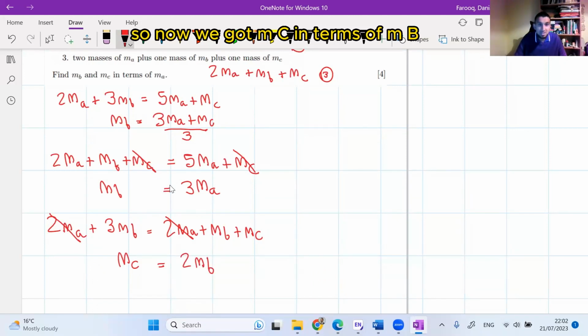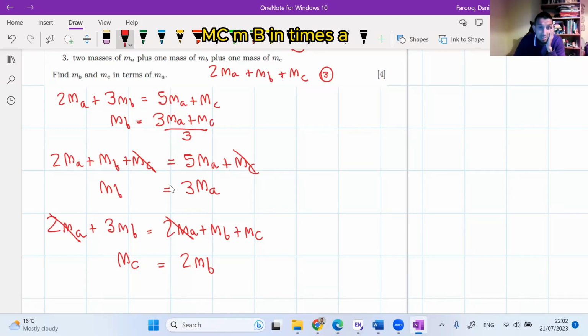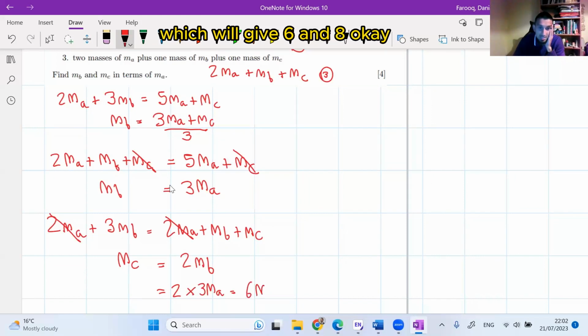So now we've got Mc in terms of Mb, but not in terms of Ma. We know that Mb here is 3Ma, so we can substitute that in. That will be 2 times 3Ma, which will give 6Ma.